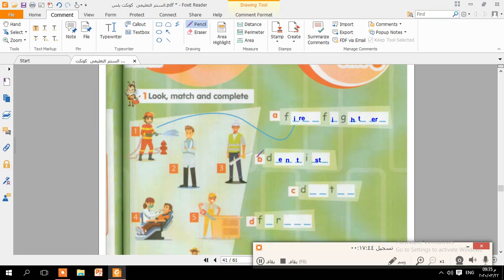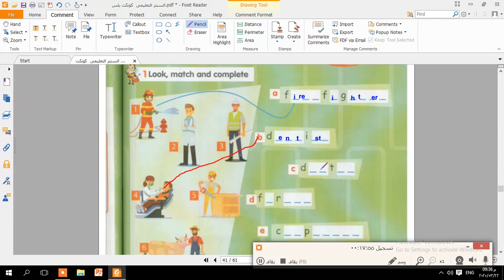Should match letter B with number 4. The dentist checks the teeth of the man. Letter C. It's a doctor. So we should match letter C with number 2. And we will complete the word doctor.